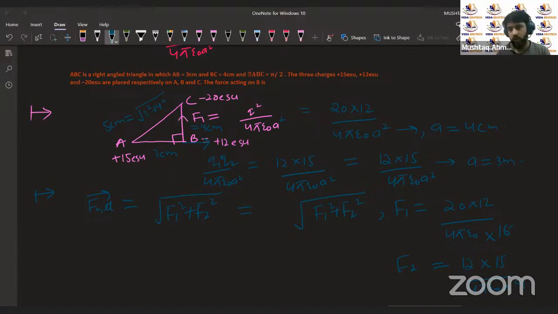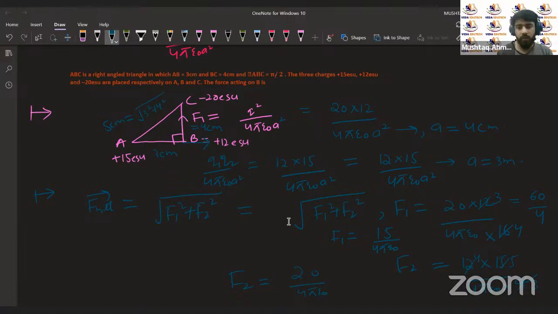So it will get cancelled by 4 and 3, so it will be 60 upon 4, it will be 15. So F1 will be equal to 15 upon 4 pi epsilon naught, and F2 will be equal to 5 fours are 20, it will be 20 upon 4 pi epsilon naught.